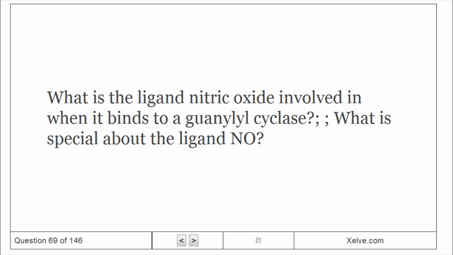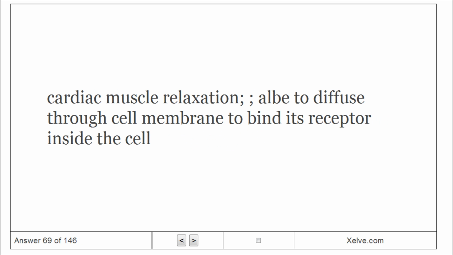What is the ligand nitric oxide involved in when it binds to a guanylyl cyclase? What is special about the ligand? Cardiac muscle relaxation. It is able to diffuse to the cell membrane to bind its receptor inside the cell.